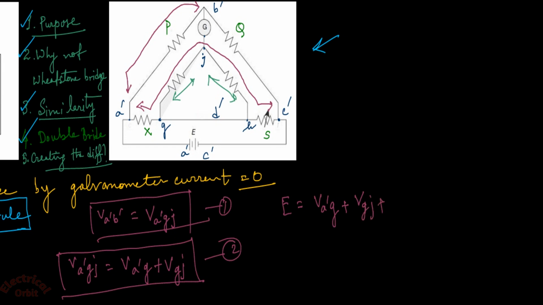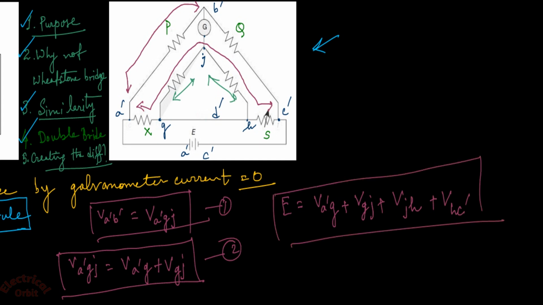J plus V J H plus V H C'. This is the expression of your E. So in this way we can formulate our unknown resistance X is equal to, now this inner arm resistances, suppose this is small p and this is small q, and as I have showed, the connecting lead resistance that is creating the problem in measuring the low resistance is the resistance of this branch, that is GH, and this small resistance is denoted as small r.